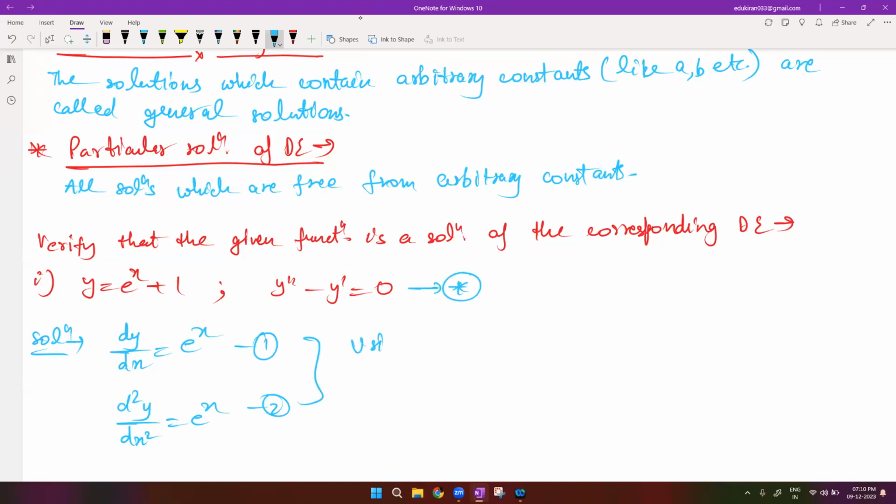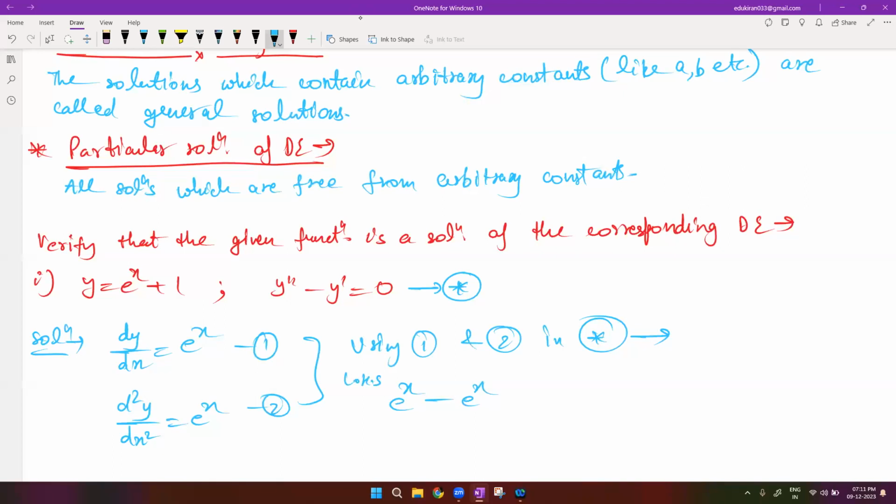Using 1 and 2 in star, we can directly put these values: y double dash is e to the power x from equation 2, and y dash is also e to the power x from equation 1.